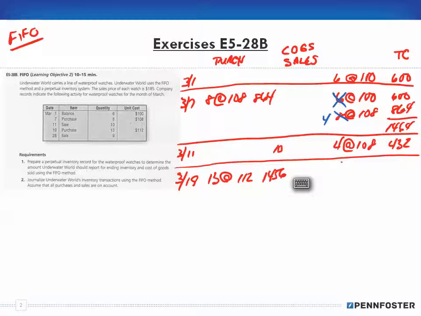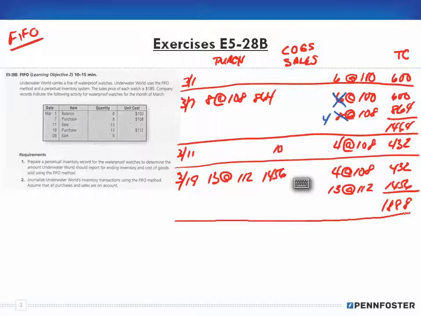So now for my total units in inventory, I have 4 at 108, which is 432, and I have 13 at 112, which is 1456, and that gives me a total inventory cost of $1,888. And on 3/28, I sell 9 more.